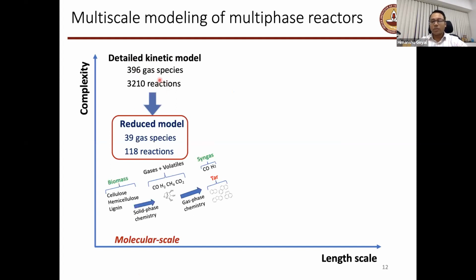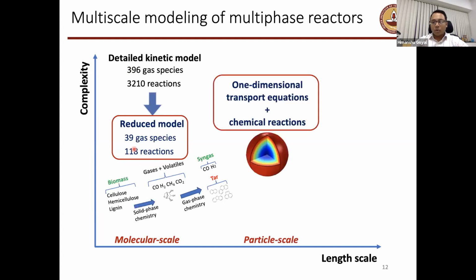So what we did, we used some automatic reduction algorithms to reduce this detailed chemistry into a very small kinetic model with 39 species. And once we have this reduced kinetic model, we compare with the detailed model and experiments. We found that it is adequately representing what we are interested in. And then we go to the next step of particle scale modeling. So here, again, when we develop this model, we keep in mind that we will ultimately be using them in a reactor scale simulation.